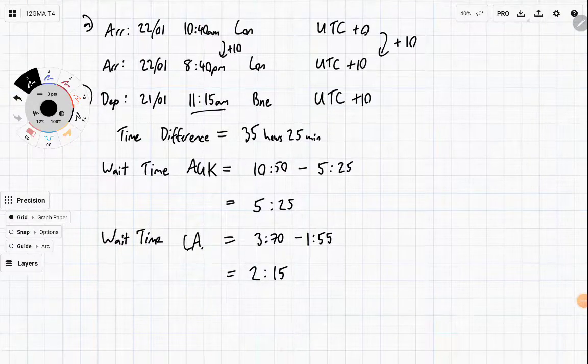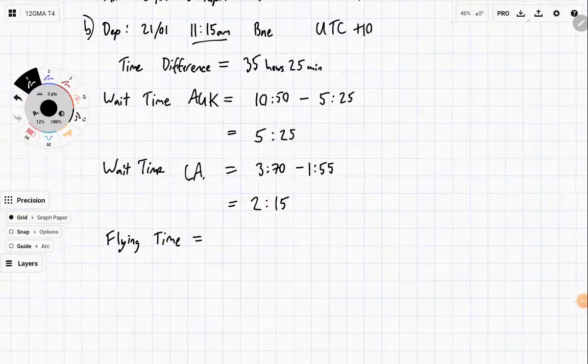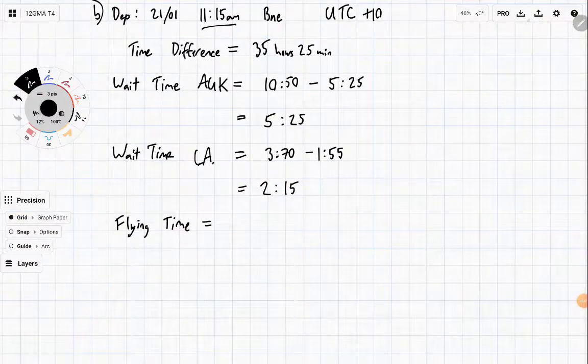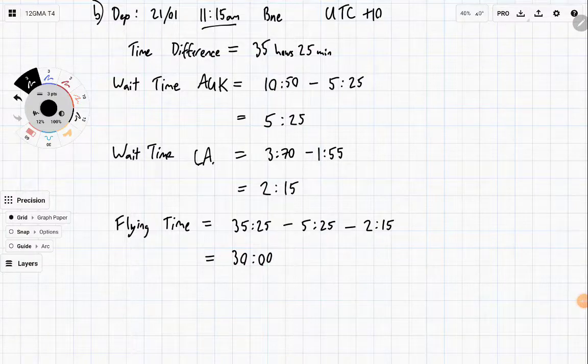And so then the actual flying time, well, that's just the total time difference minus all of those waiting times, because that's the time she was actually in the air. So 35, 25 minus 5, 25 minus 2, 15. 25 off 25 is 0.